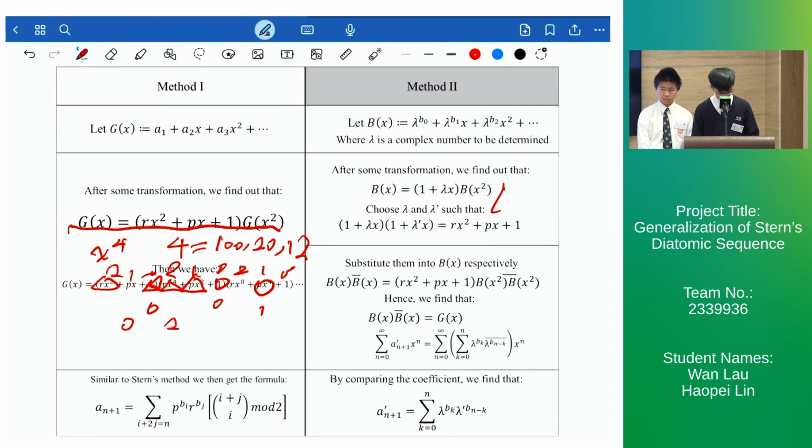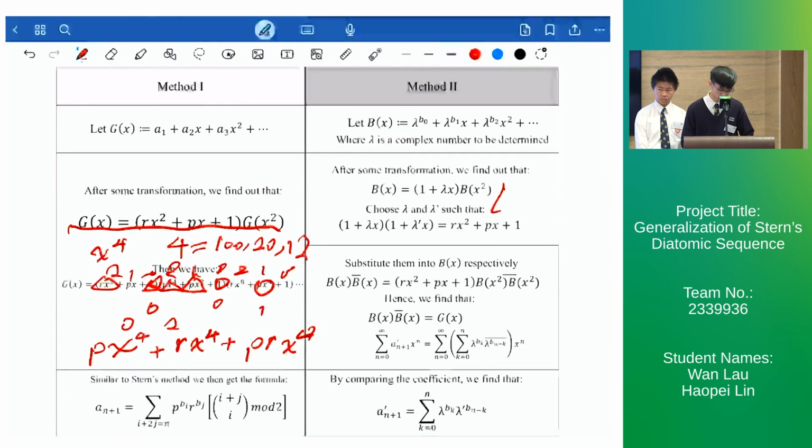Then we can find p x to the power 4 plus r x to the power 4 and p r x to the power 4. Then we can get the coefficient of x to the power 4, which is A5. Then, similar to Stern's method, we can get the formula below.